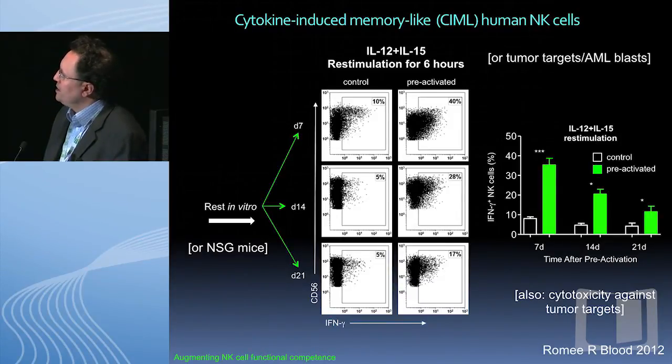These cells can be rested either in vitro, or more recently we have data that I won't show you that they can be transferred to non-SCID gamma C mice, immunodeficient mice, and also survive there. If we re-stimulate them at various times after their initial activation and give them a recall response, we see enhanced interferon gamma production here in each of these different time points, and that's summarized here in this graph.